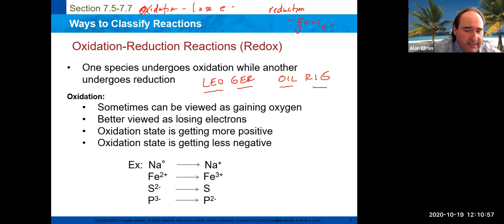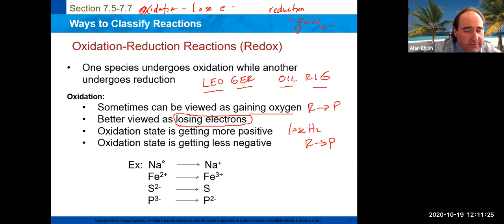So oxidation, as we see here, is sometimes viewed as losing electrons, which is the main definition we'll probably see in this class and probably in 1A as well. But other definitions are the gaining of oxygen as you go from reactants to products, and also the loss of hydrogen as you go from reactants to products.